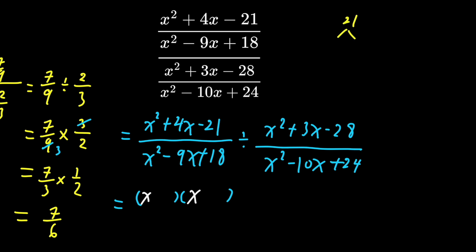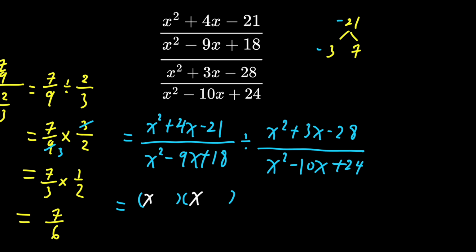The two factors will be 3 and 7. They multiply to 21, but the constant term is negative 21, which means one of the factors will be negative. It could be negative 3 and 7, or 3 and negative 7.